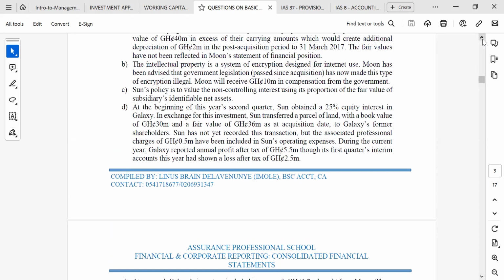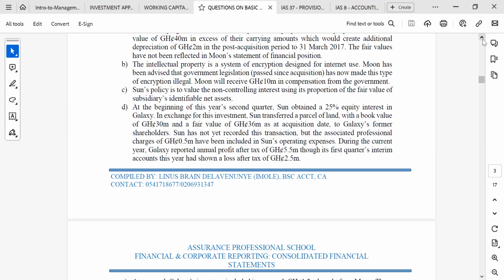Let's take it one by one. In exchange for this investment, Sun transferred a parcel of land with a book value of 30 million and a fair value of 36 million as an acquisition deed to Galaxy's former shareholders.